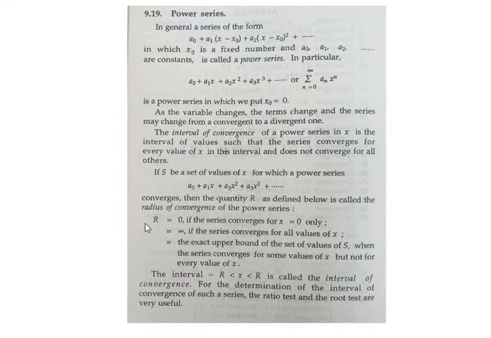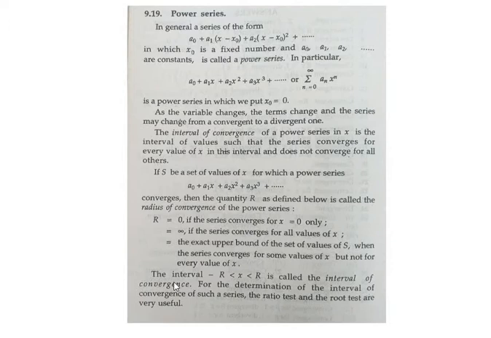So there are three possible values of R. If it is 0, the series converges only for x equal to 0. If it is infinity, it converges for all values of x, and if it is the exact upper bound of S, it converges for some values of x.